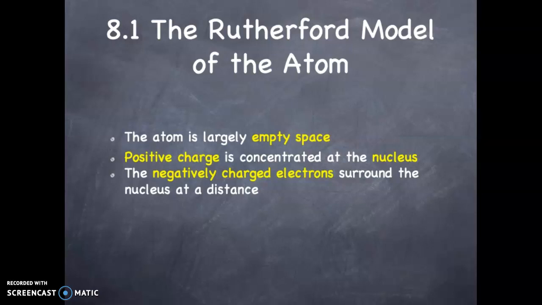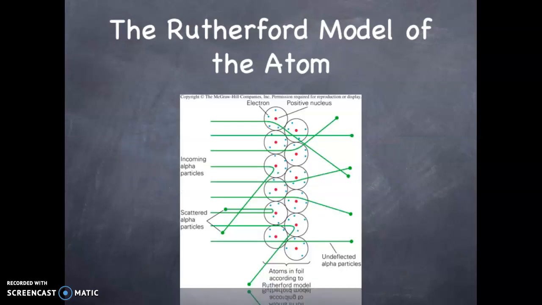The negatively charged electrons surround the nucleus at a distance. Here is another rendition then. Stripped helium nuclei coming in from the left, and you can see them being scattered on the right.